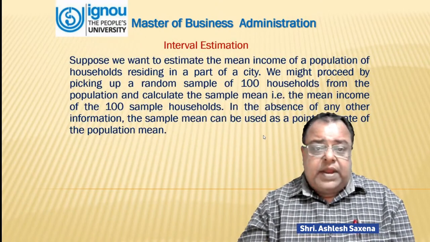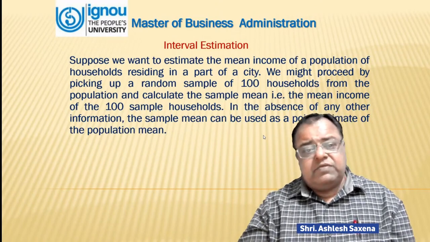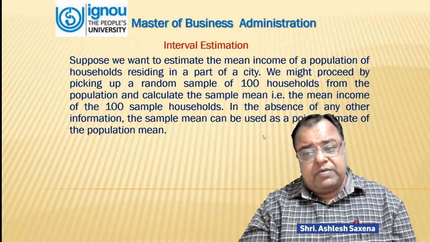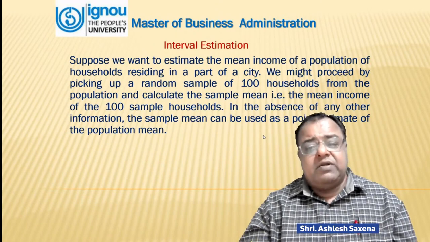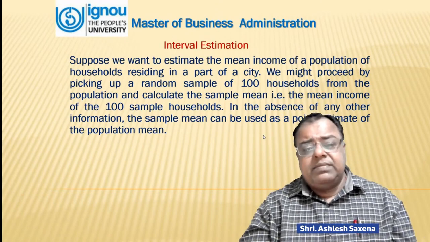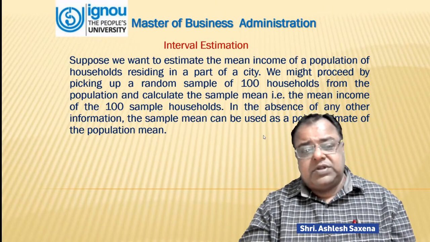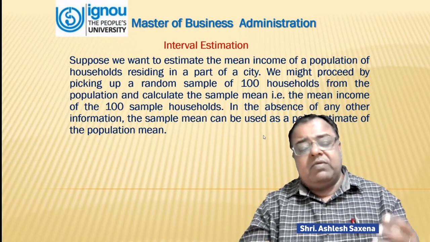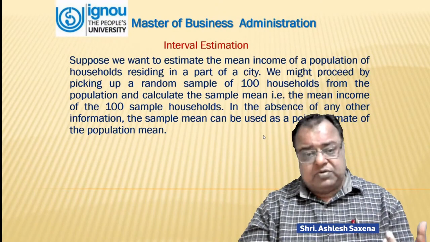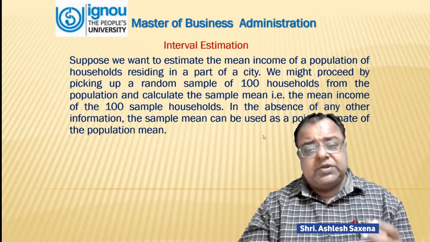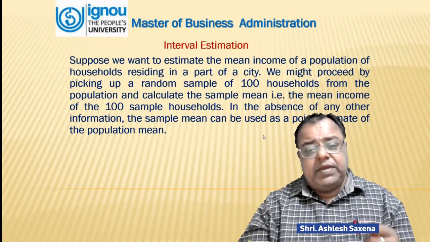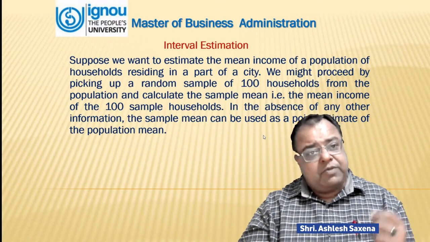Now, interval estimation. Suppose we want to estimate the mean income of a population of households residing in a part of a city. We might proceed by picking a random sample of 100 households from the population and calculate the sample mean, that is the mean income of 100 sample households. In the absence of any information, the sample mean can be used as a point estimate of the population mean.